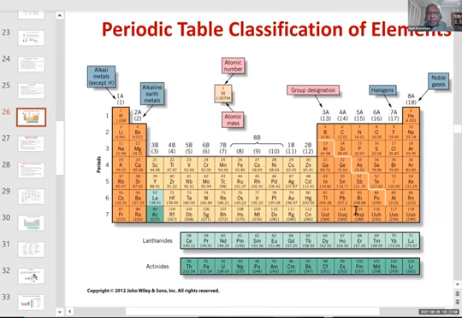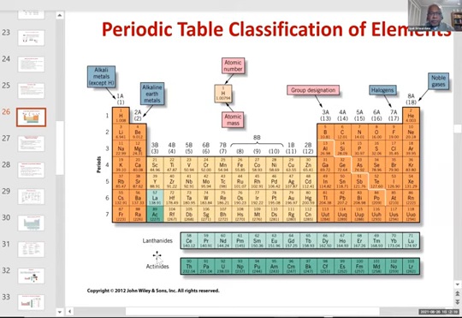The captions with arrows are just descriptions. So this whole table in the middle, and the two rows at the bottom, are the periodic table.